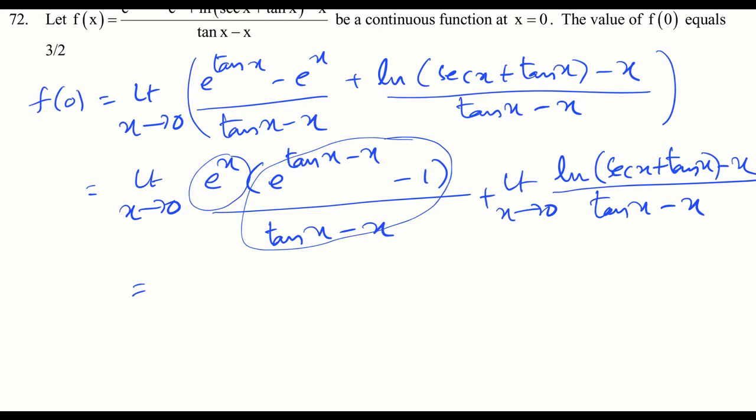So the first part is 1, plus the second part, you can see that it is 0 by 0 form. So I apply L'Hopital's rule.